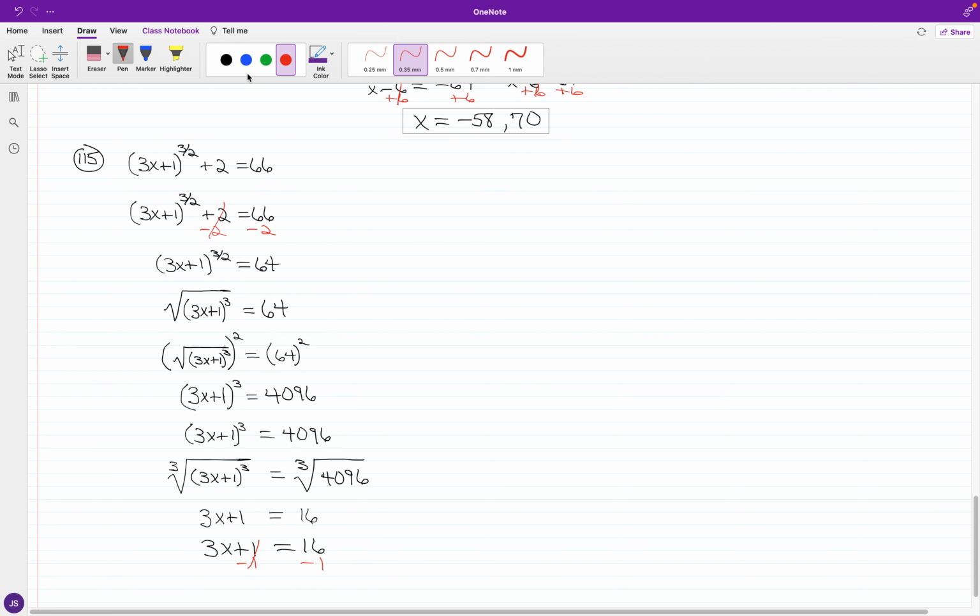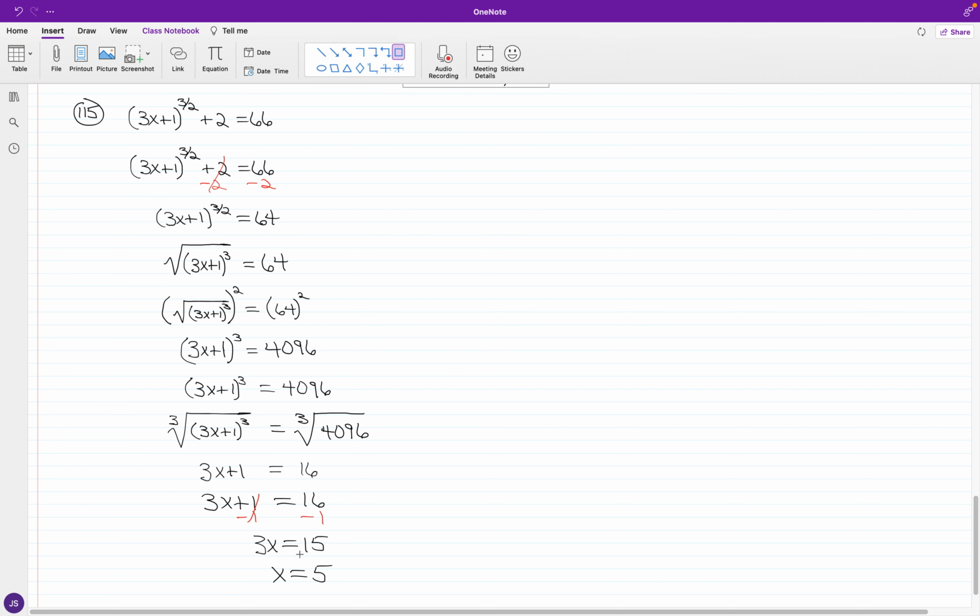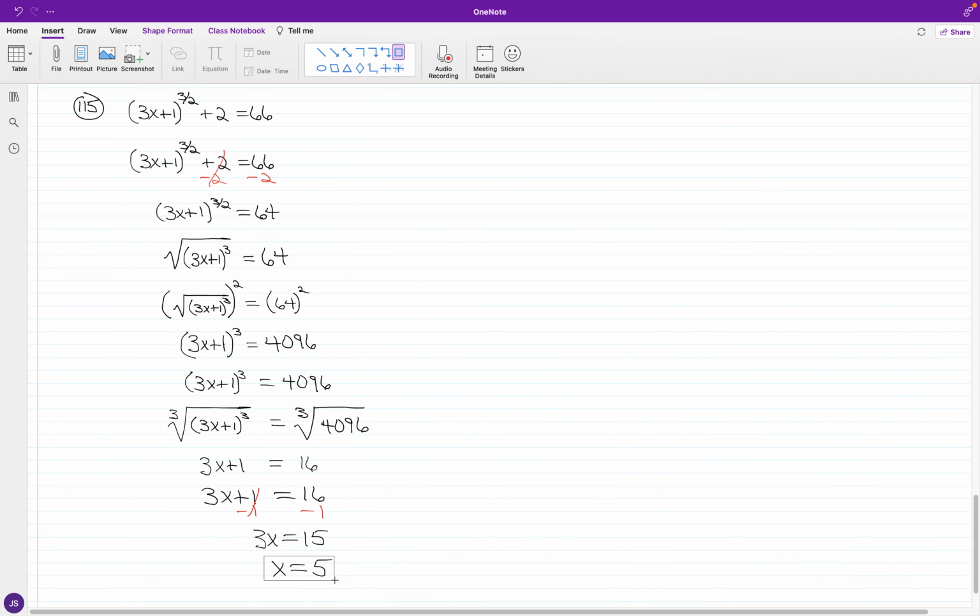Subtracting 1, I have 3x is equal to 15. Then we have a division by 3. This will come out to 5. So 5 is going to be the solution that we have in this problem.